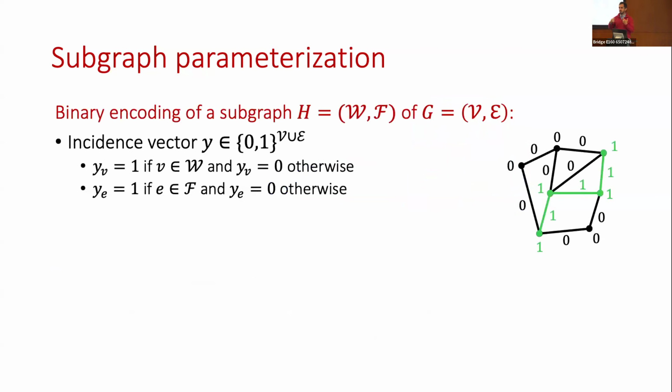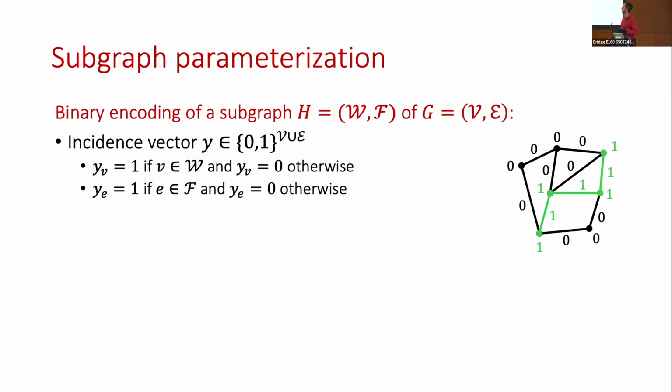In practice, you simply parameterize a subgraph using binary variables. You can use what's called the incidence vector of a subgraph. So if you're given a graph G, you can have a binary variable for every vertex and every edge in the graph. The binary is 1 if the corresponding vertex or edge is selected in the subgraph, and the binary is 0 otherwise.